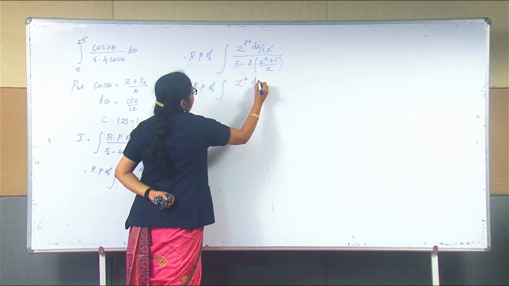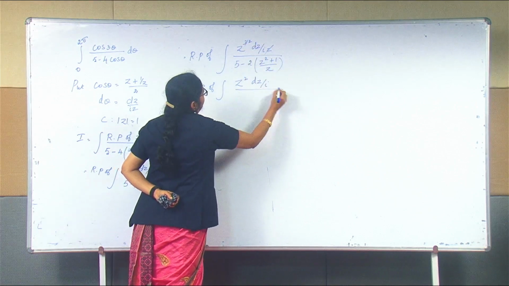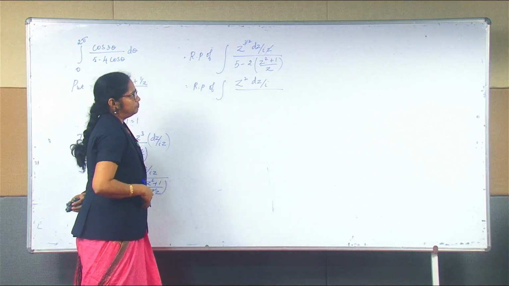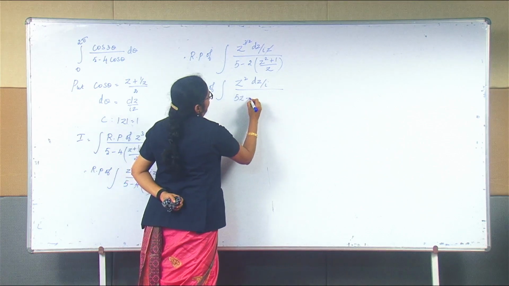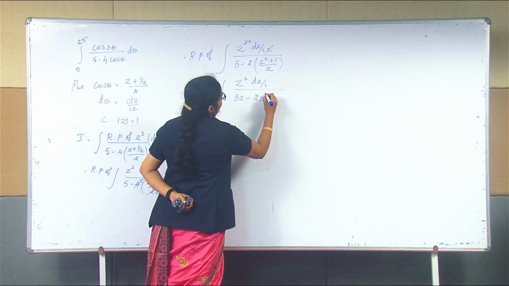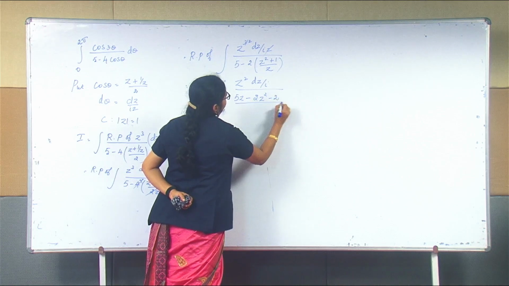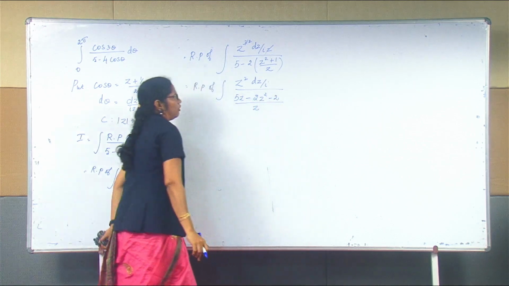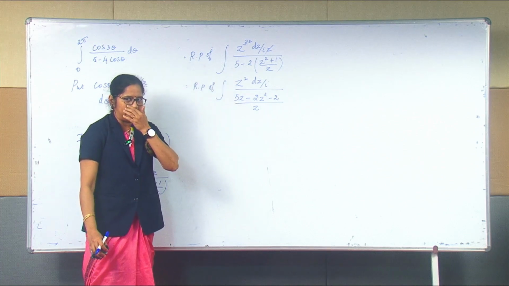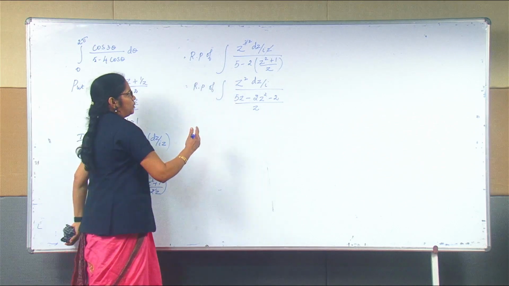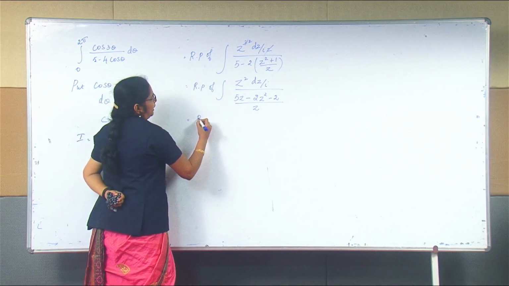So z square dz by i. If I am taking the LCM, 5z minus 2z square minus 2 divided by z. So where will the z go? It goes to the numerator, the reciprocal of the denominator goes to the numerator.